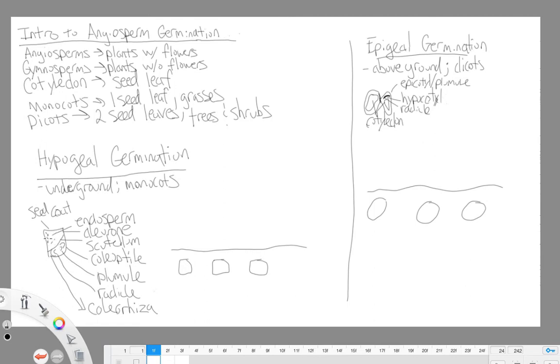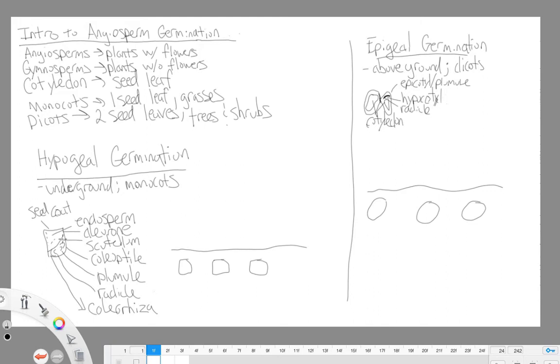There's an outer layer of this endosperm called the aleurone layer, which you see right here. As germination kicks off, that aleurone layer starts producing enzymes, particularly amylase, that is going to break down the starch.